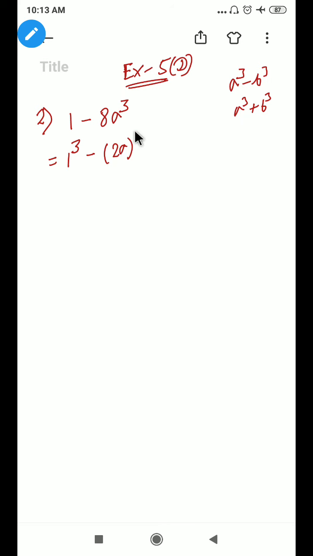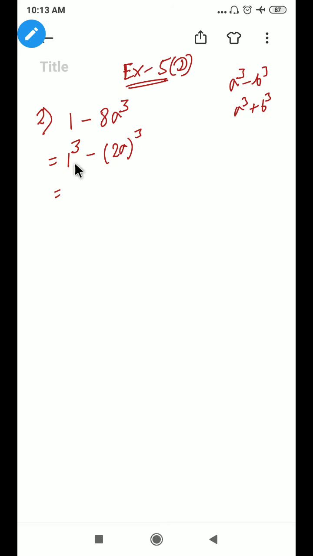Exercise 5D, question number 2 is 1 minus 8a cube. You have to make this in the form of a cube minus b cube or a cube plus b cube. Since minus is given, we make it a cube minus b cube form. 1 you can write as 1 cube, and this one as (2a) whole cube.